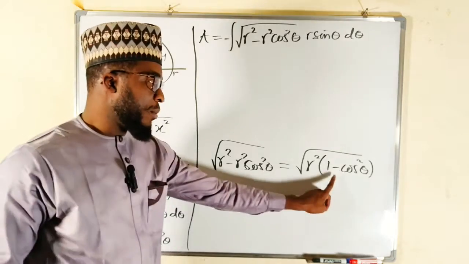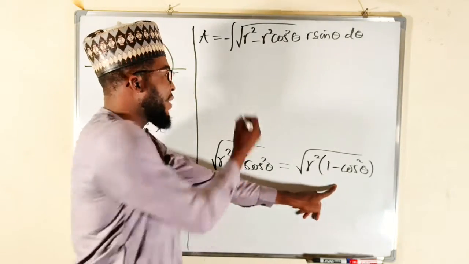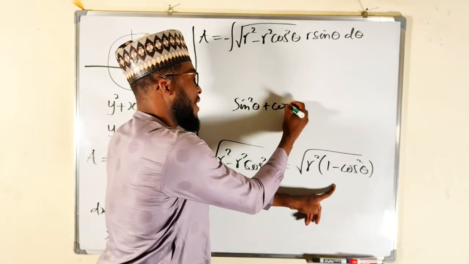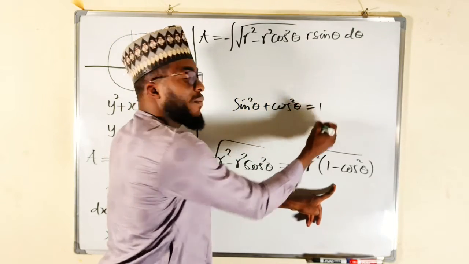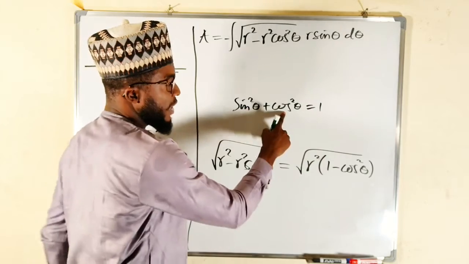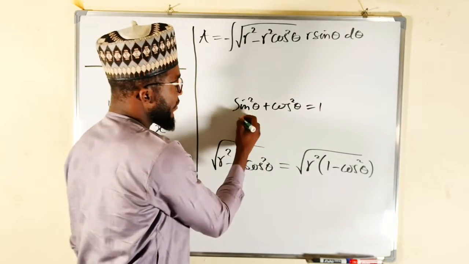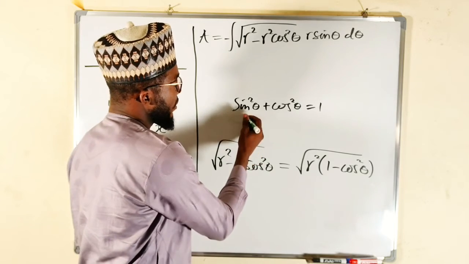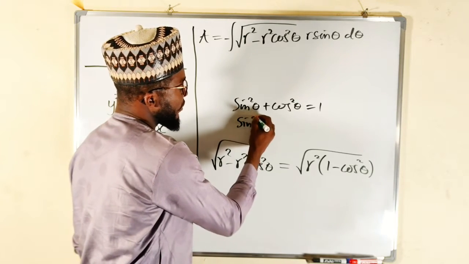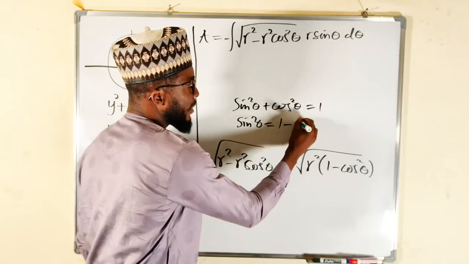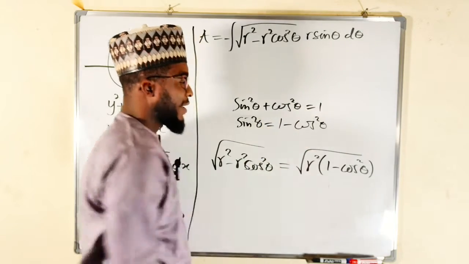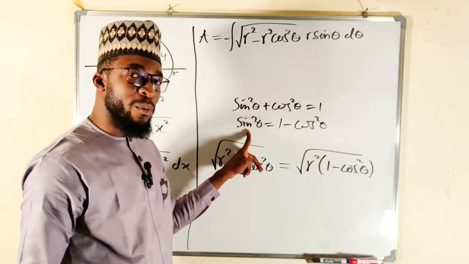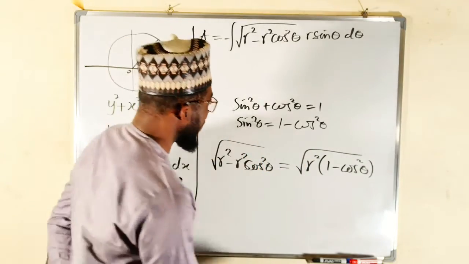But what can you remember about 1 minus cosine squared theta? Remember, sine squared theta plus cosine squared theta gives us 1. So making sine squared theta the subject, sine squared theta will be equal to 1 minus cosine squared theta, and you can see we have 1 minus cosine squared theta, which we can simply replace with sine squared theta.